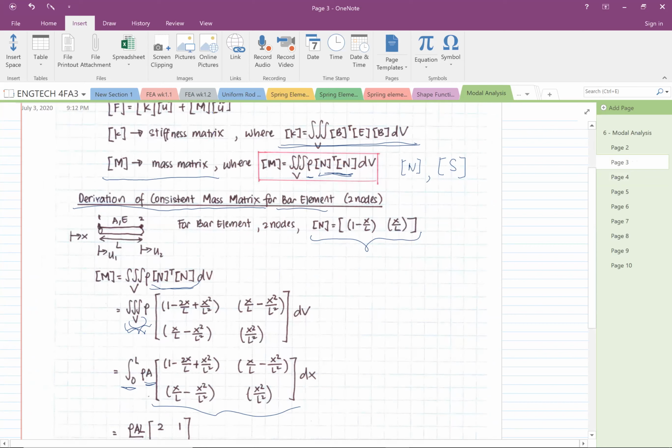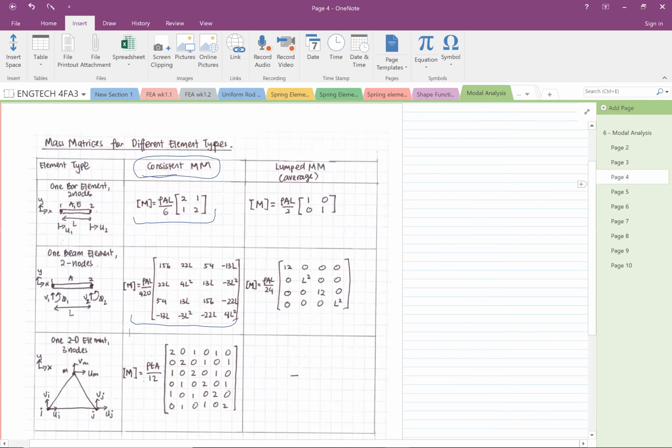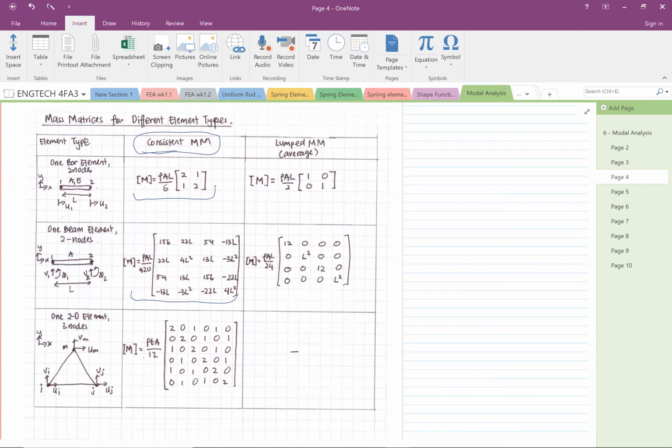But because it's a constant area, we only take one integral. That applies to the 1D beam element's 2 nodes as well. However, for the 2D elements, it's a bit tricky because I don't have a constant area across the length, but it's okay. I did that for you already.